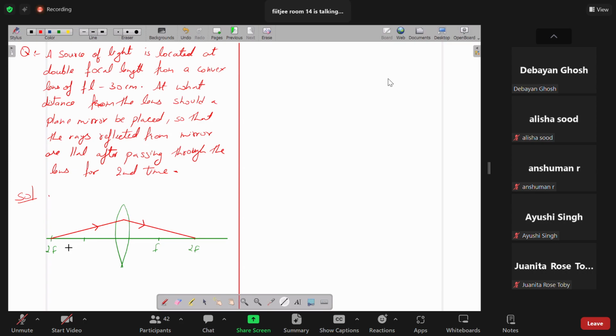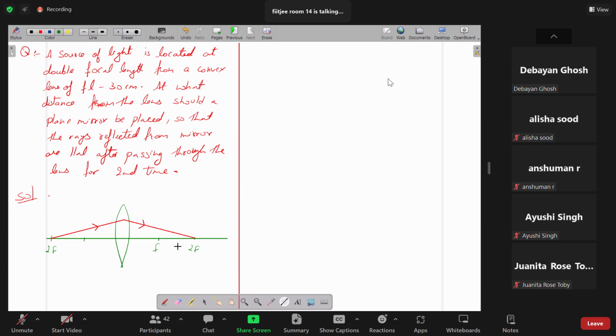Have we discussed three paths? If the rays are parallel to the principal axis, after refraction they pass through the focus. A ray passing through the optical center goes undeviated. And if a ray passes through the focus of the lens, then after refraction it will get parallel to the principal axis.